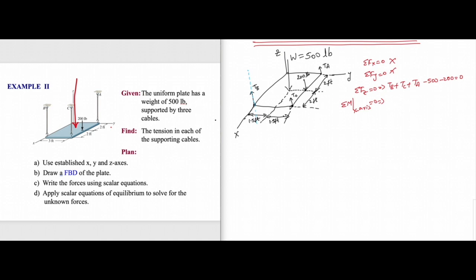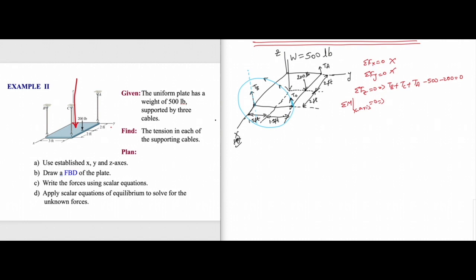What about TC? Yes, TC has an effect because TC is away from x-axis and perpendicular to x-axis. And what is the direction? Direction points along TC, so just follow the arrow. And where is the point of view? Point of view is on the positive side.